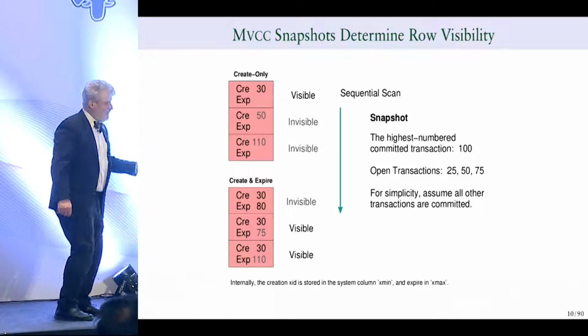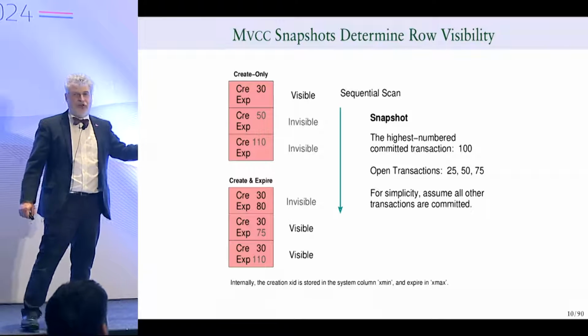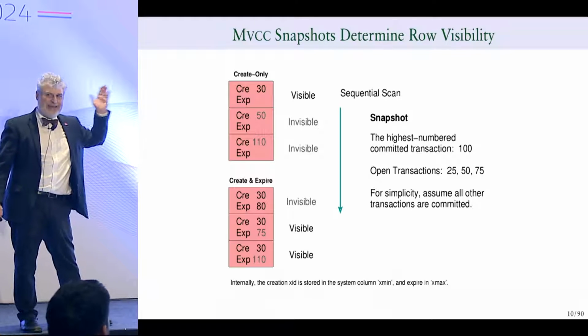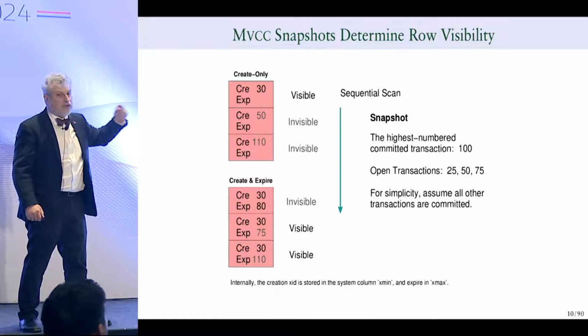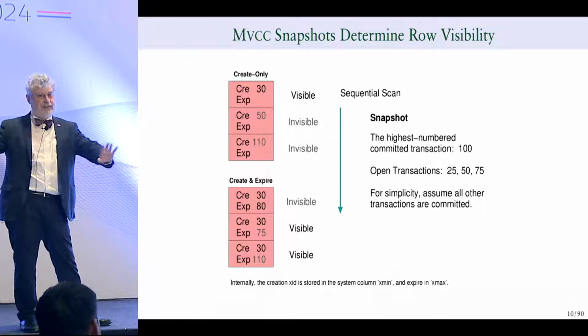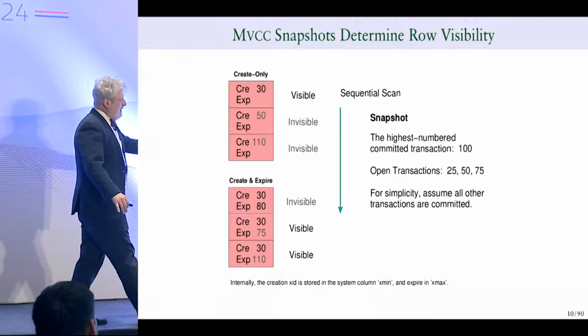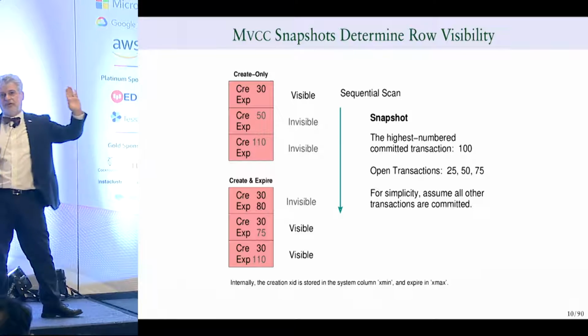So, remember I showed you those pink squares before? Now we're going to roll through, and let's see if we can figure out why some of these rows are visible and some of them aren't. All right? It's kind of out there, but take a look at the right-hand side. What is our snapshot?